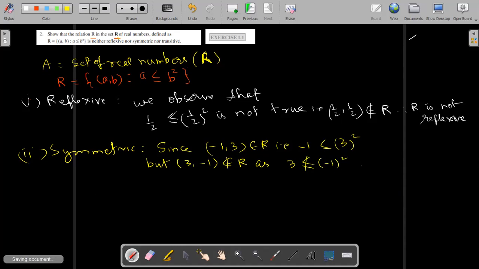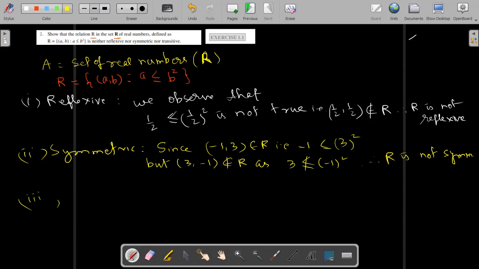This shows that R is not symmetric. Sometimes we have to remember the number which will not show. There are two questions; I think a is less than or equal to b cube is also there.